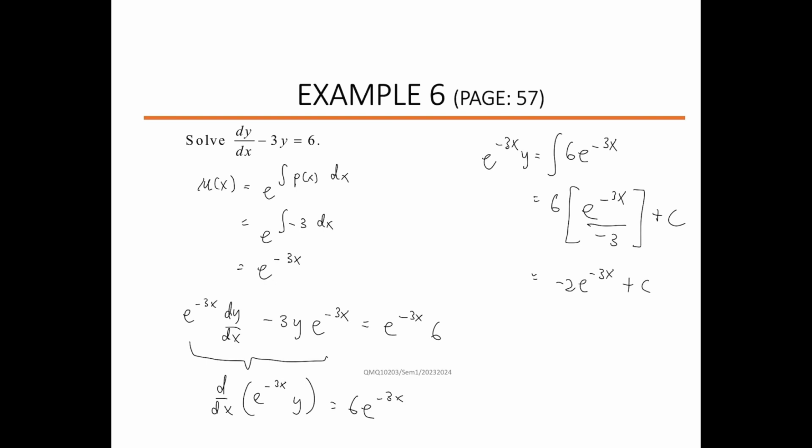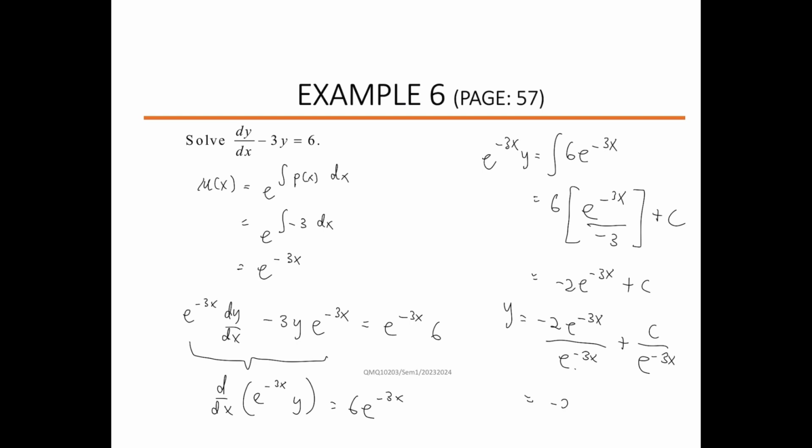Now express this solution in terms of y. So y equal to negative 2 exponent negative 3x divided by exponent negative 3x, plus c divided by exponent negative 3x. Exponent negative 3x divided by exponent negative 3x equal to 1.